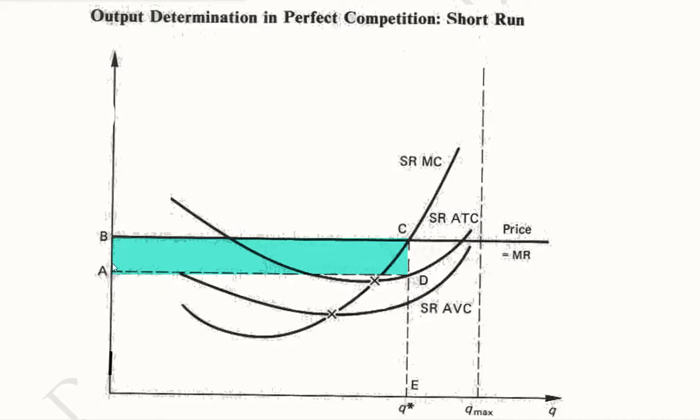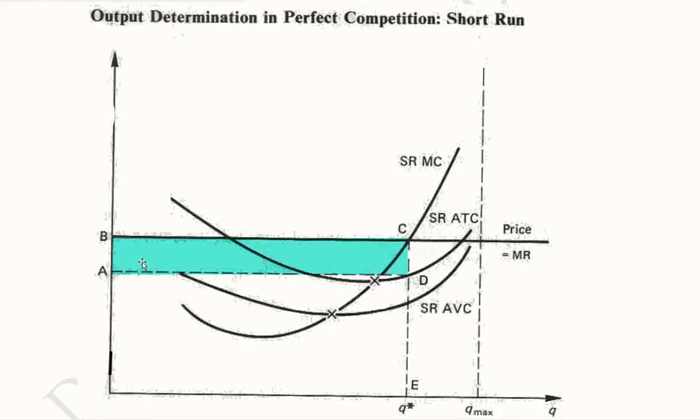This is the level of average cost, this is the level of price as mentioned here. So price is greater than the average cost, so this gives us the profit per unit, but we have sold more than one unit, that is Q star, so we have to sum up all these per unit profits from the units of output.